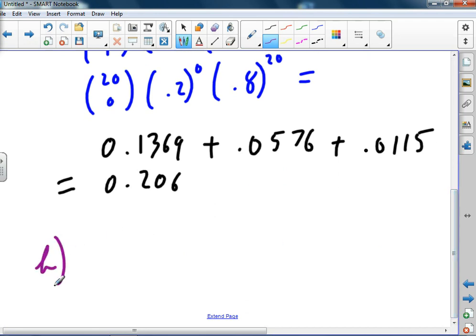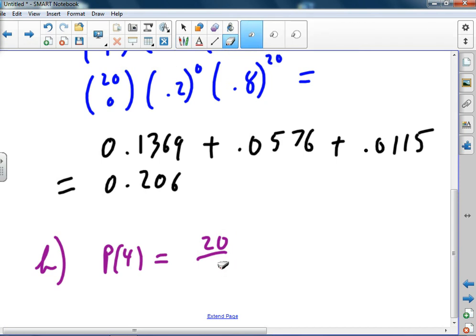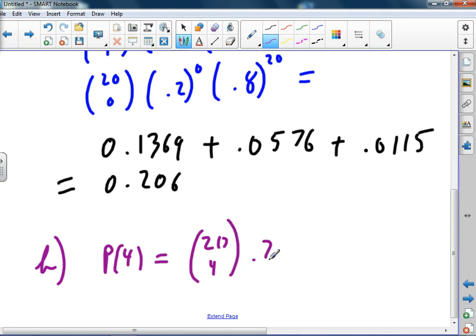B. Compute the probability that exactly 4. Okay, so the probability of 4 withdrawing. 20 things taken 4 at a time, 0.2 raised to the 4th power, 0.8 raised to the 16th power.